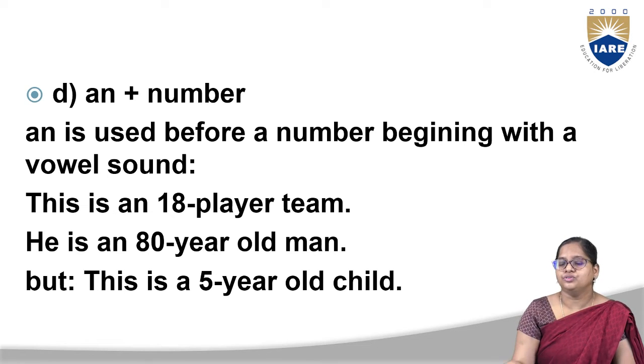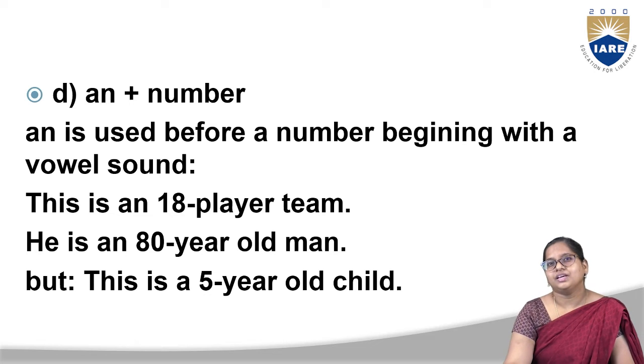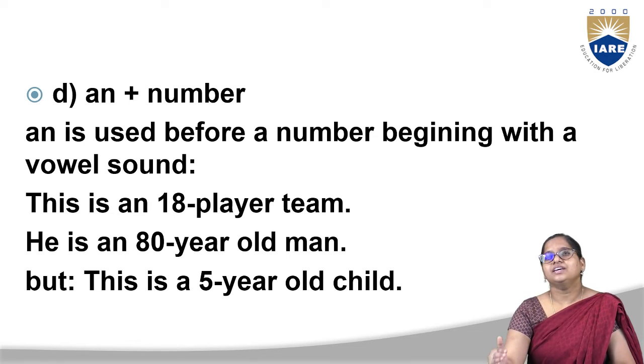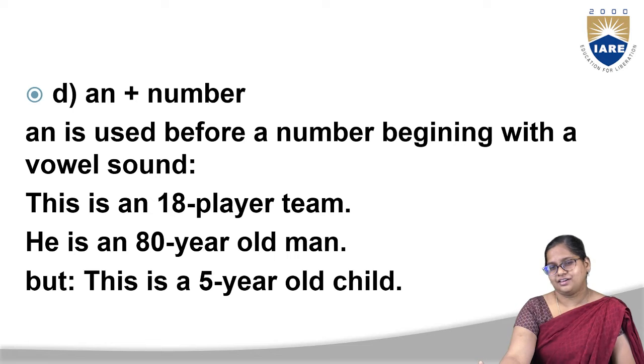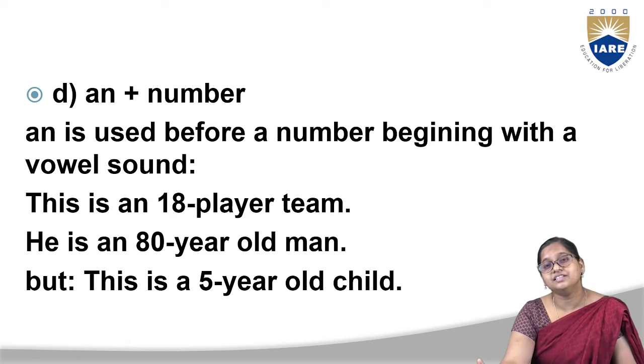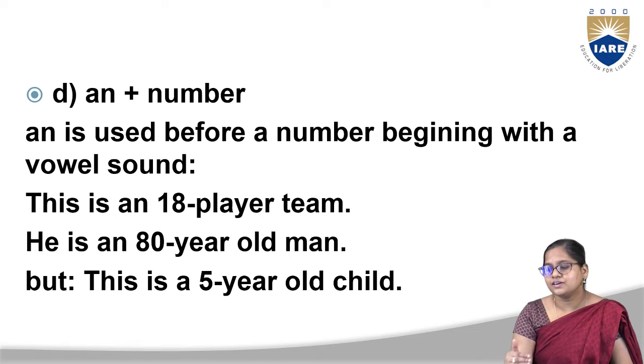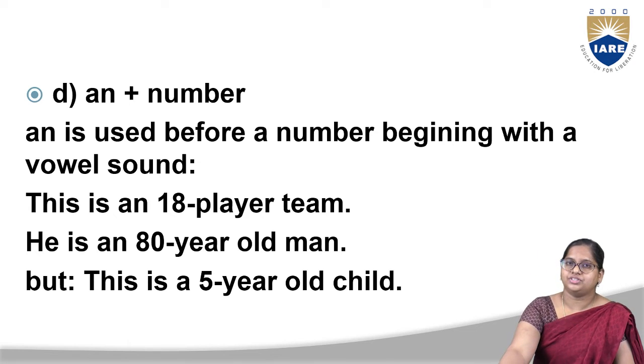And plus numbers. For example, you use the indefinite article "an" with certain numbers. "An" is used before a number beginning with a vowel sound. Like this is an 18-player team. This is an 80-year-old man. This is a 5-year-old child.